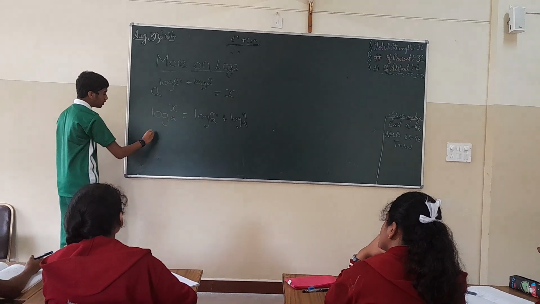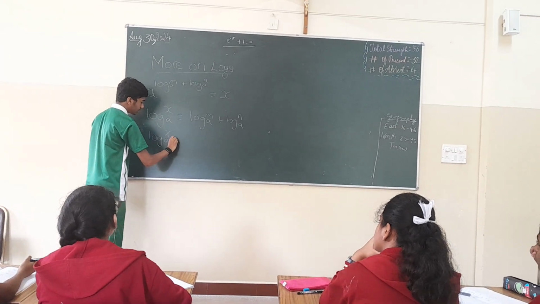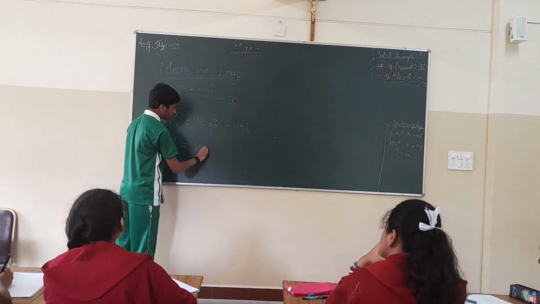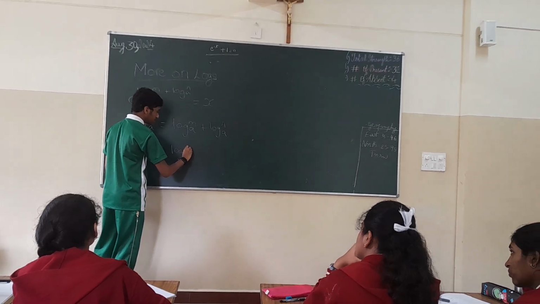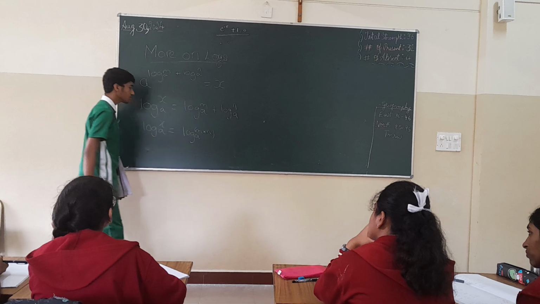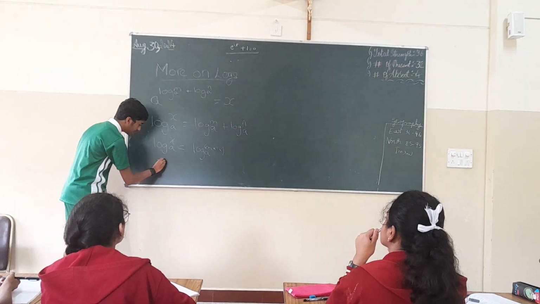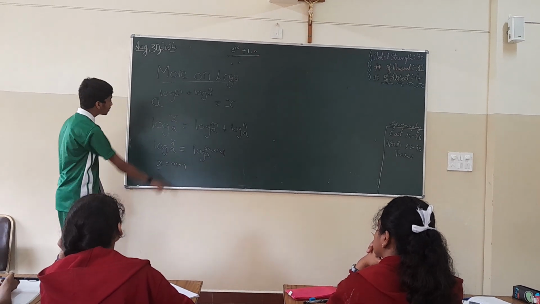Use your product law here. So log x to the base a is equal to log to the base a of n into m. So can I say x is equal to mn? And what is the value of x?